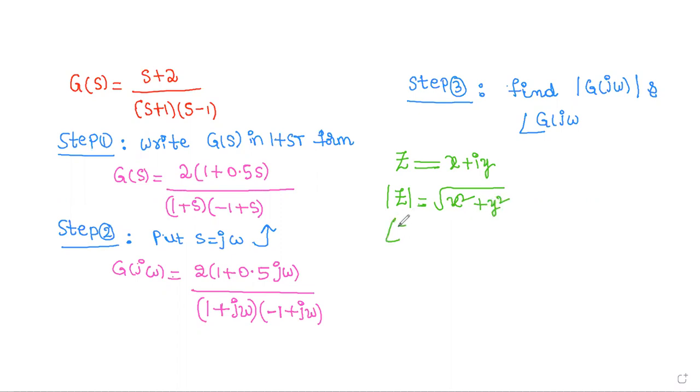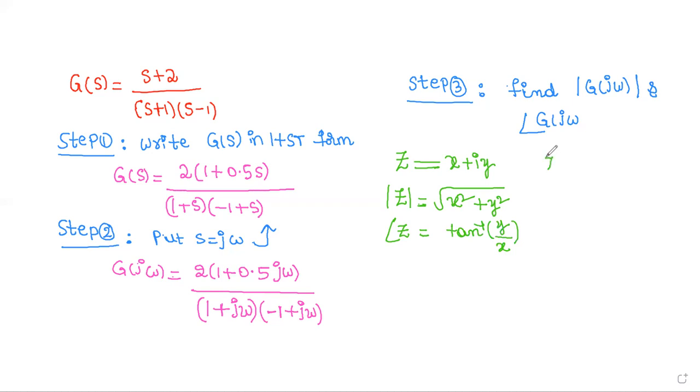How to find the angle for this? While finding the angle, observe the sign of the real part and the sign of the imaginary part. Both are positive, plus plus, so it lies in the first quadrant. So the angle here is tan inverse of imaginary part by real part.